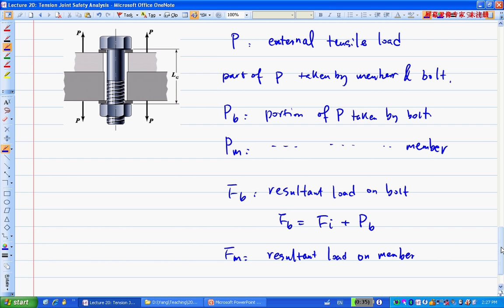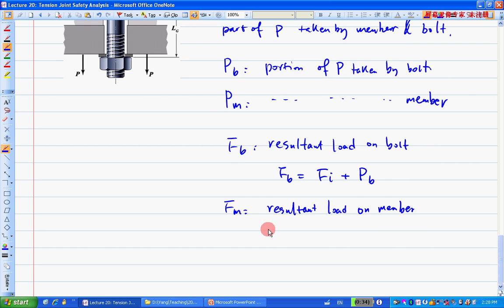Now PM is the portion of P taken by the member. PM is a tensile force. So Fm, the resultant load on the member, should equal negative Fi plus PM.